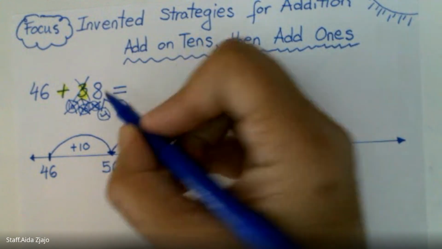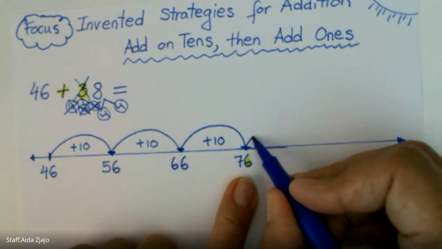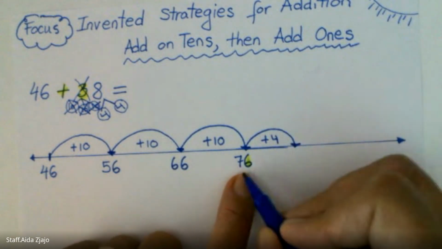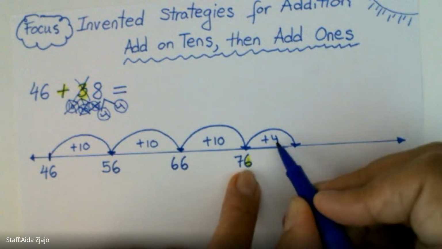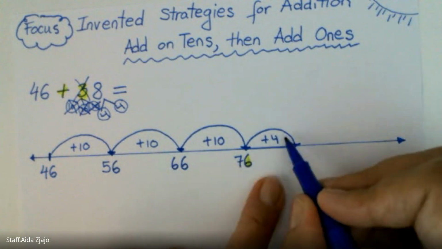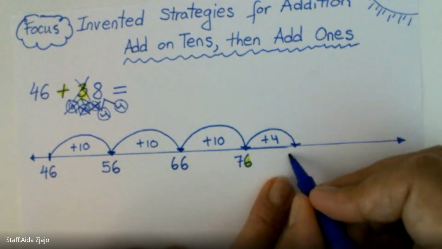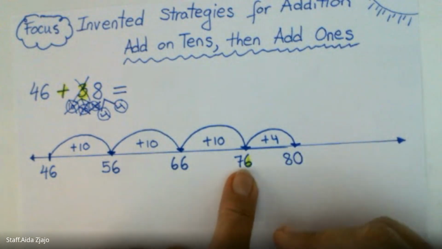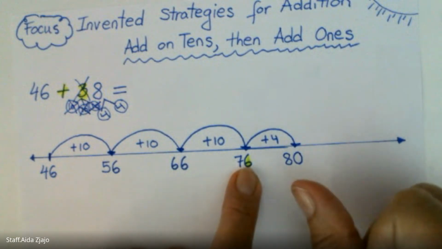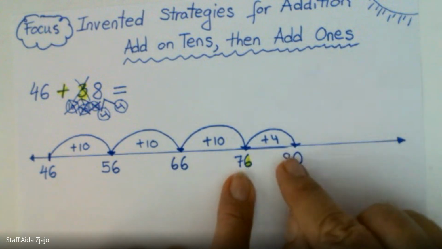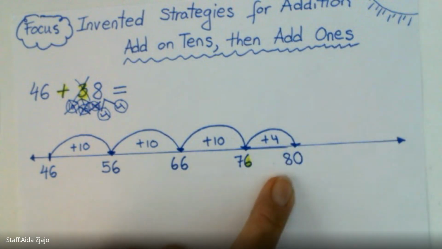So I'm going to add 4 plus 4. 76 and 4: 6 and 4 makes 10, so 7 tens and one more 10 makes 8 tens. I can count on: 76, 77, 78, 79, 80. So 76 plus 4 is 80.